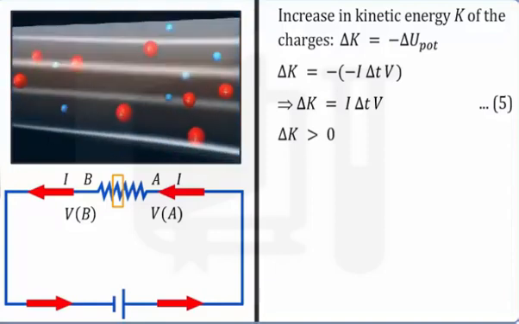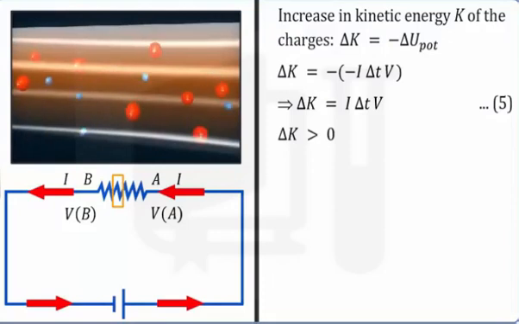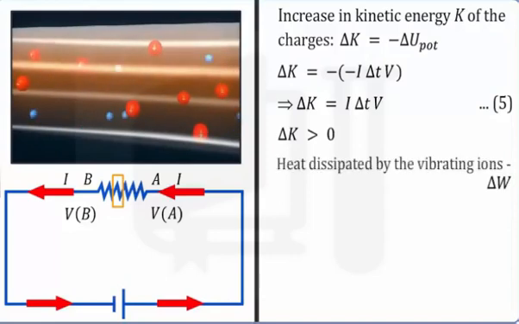And these ions vibrate more vigorously, thereby heating up the conductor. The heat dissipated by the vibrating ions is represented by delta W. This delta W is nothing but the increase in the kinetic energy of the charged particles. Therefore, delta W = delta K.